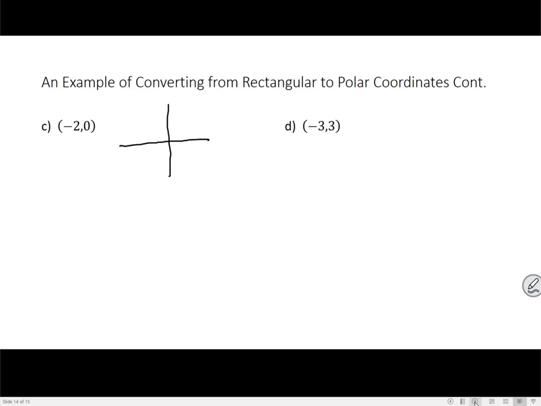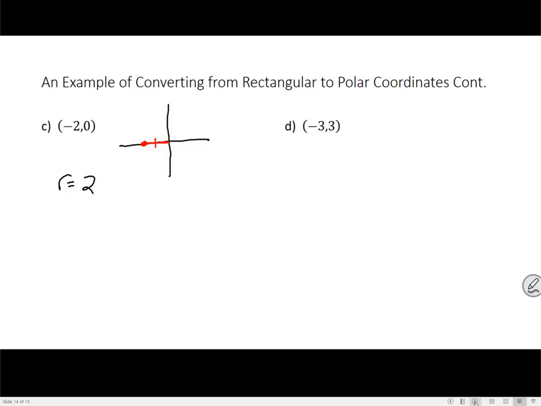So -2, 0 is going to be on the negative horizontal axis right there. We'll make it red. So we know that R is going to be 2 units out from your origin, so we're going to let R equal 2.